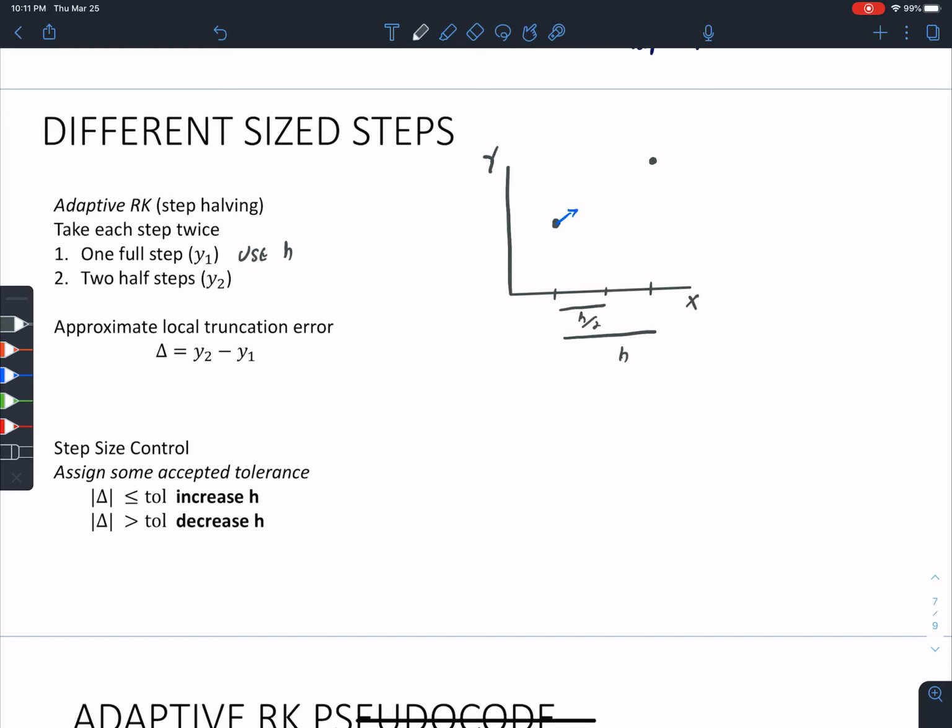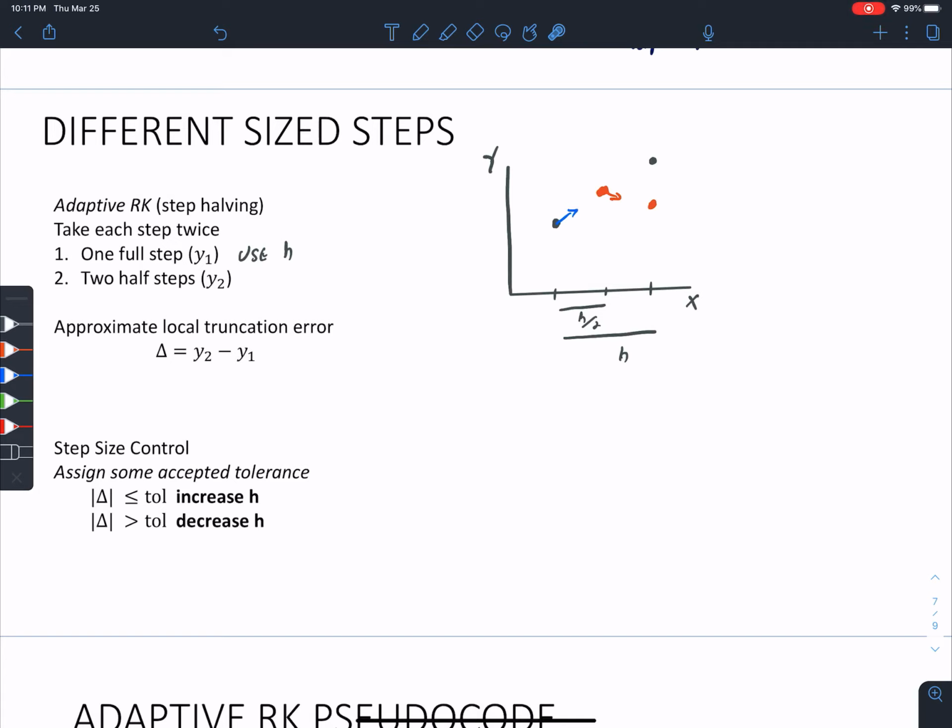But now also we'll take two other steps, meaning I'll also compute the solution at h over 2, and then at h, and I'll recompute the derivative here, and let's say for some reason it tells me to go over there instead. So if I use half this time step using the same method, I'll end up here instead of here, right?